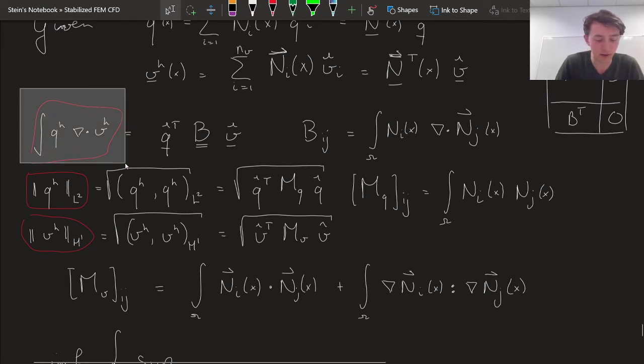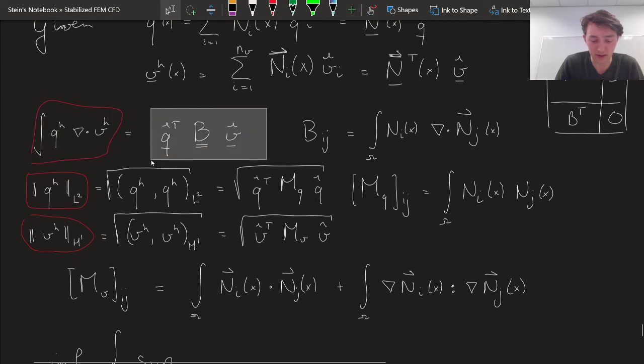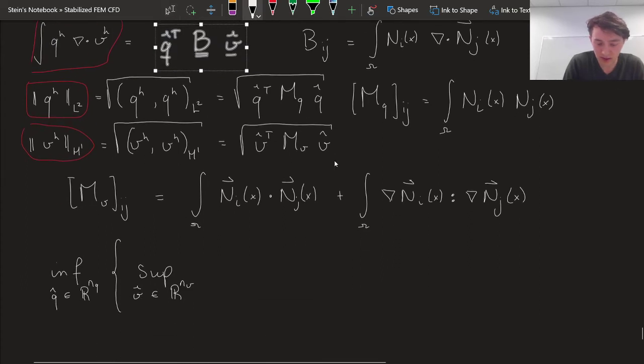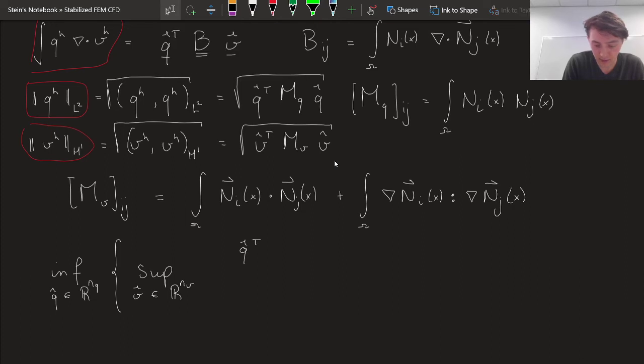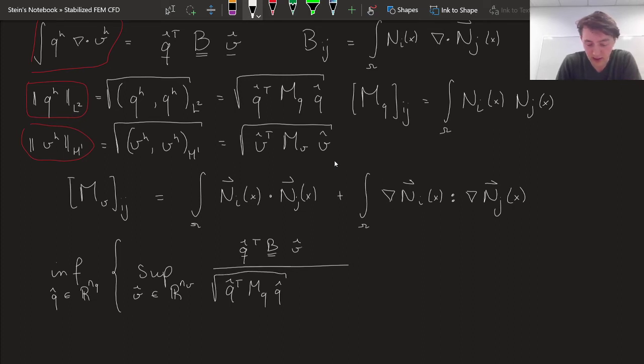So we have this integral, which we write like this. So we get Q hat transpose B V hat divided by the L2 norm of our Q function, which we write in a discrete sense as Q hat transpose M_Q Q hat, and then the square root thereof, and similarly V hat transpose M_V V hat.